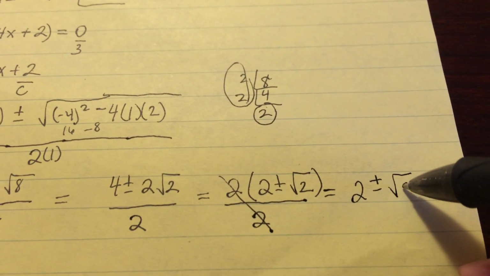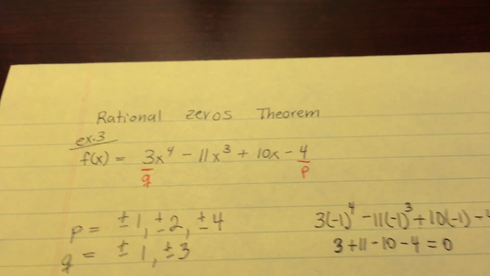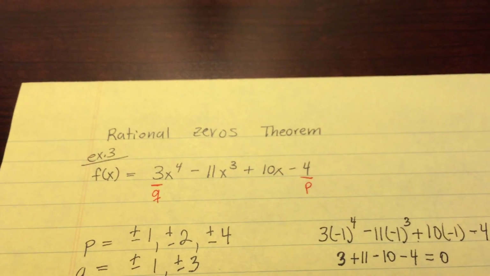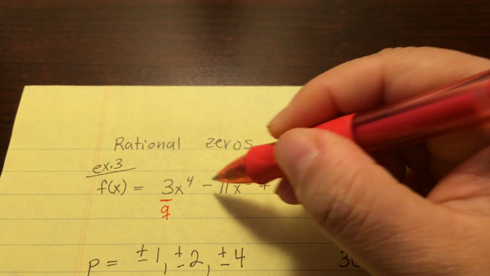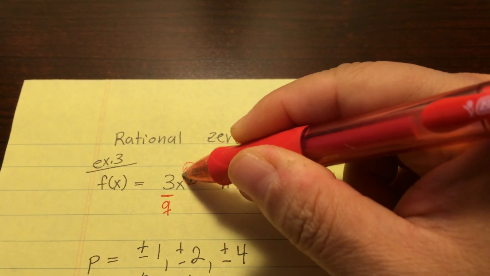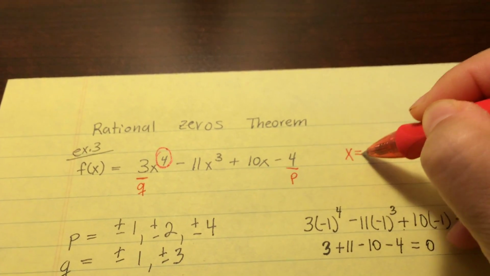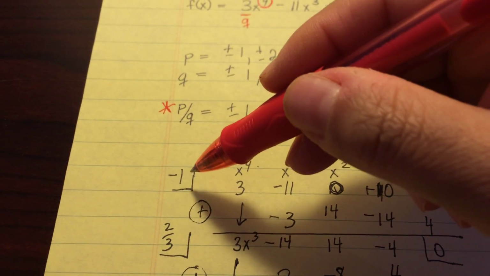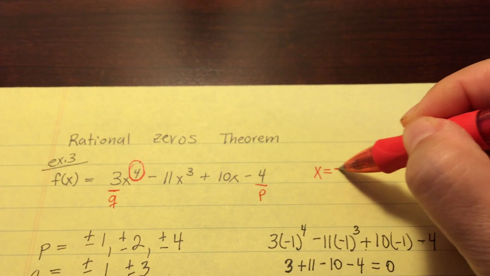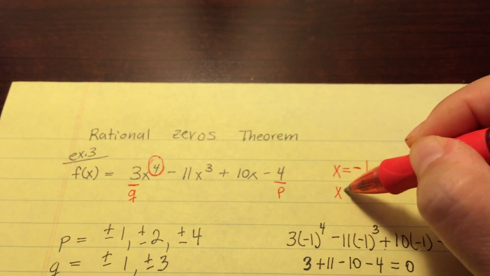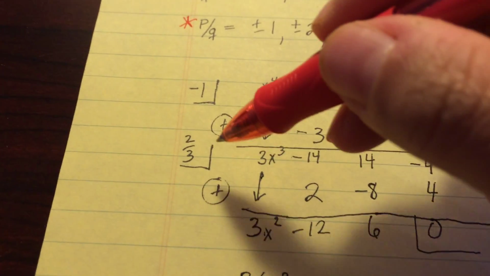So we have to go back and find the roots, right? Because this part right here is finding all the roots. We said previously that if it's x to the 4th, this tells me how many roots I have. So I should have 4 roots. So what are my roots? x equals negative 1 is one of the roots. The other one is x equals 2/3.